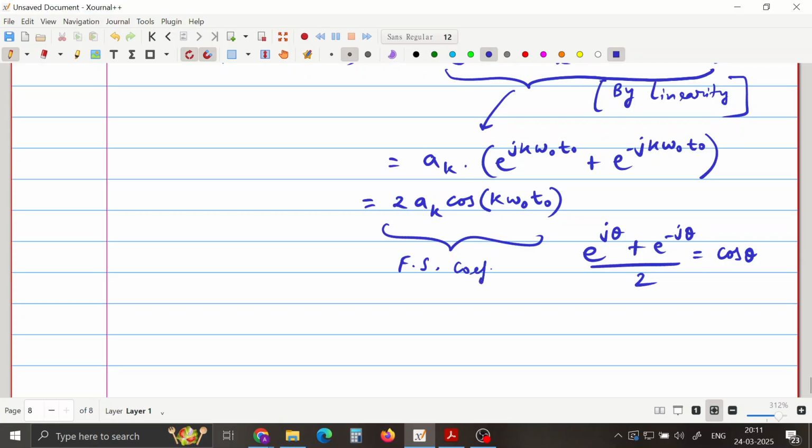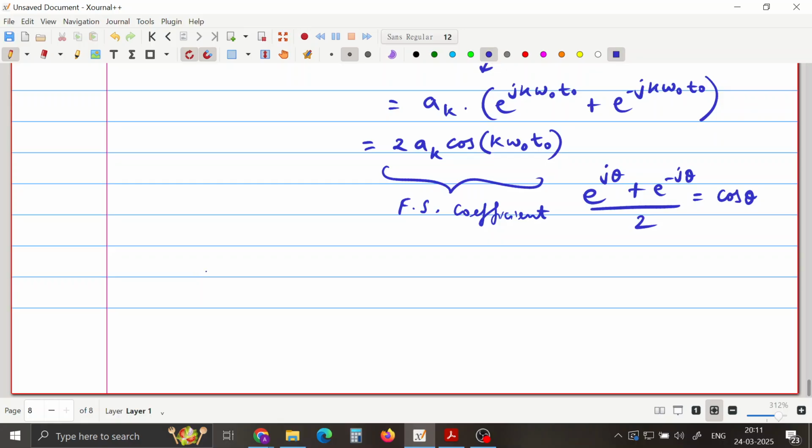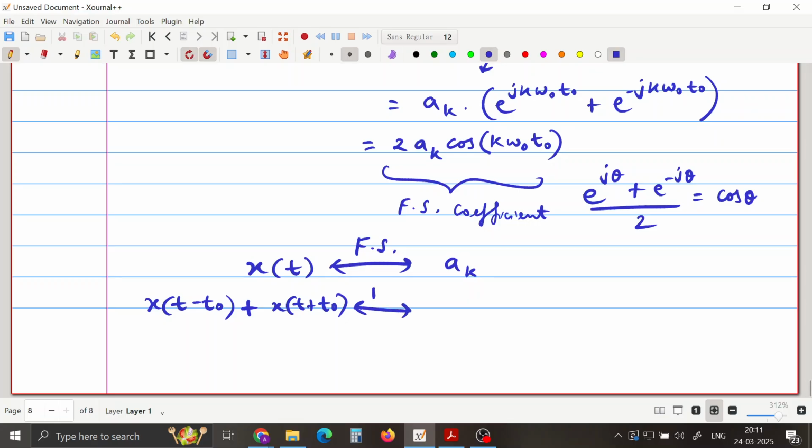So this is my Fourier series coefficient. And again, I'll summarize the result in a box. If x of t has Fourier series coefficient denoted by ak, then x of t minus t naught plus x of t plus t naught has a Fourier series coefficient given by 2ak cos k omega naught t naught.